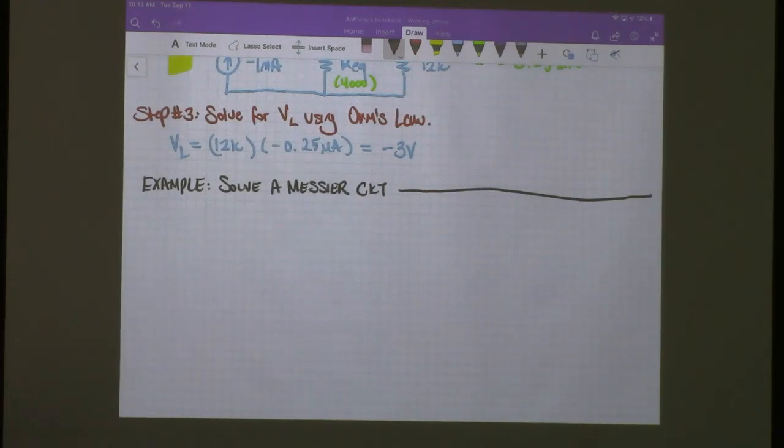All right, so the circuit that we're going to be trying to solve is going to look like this.